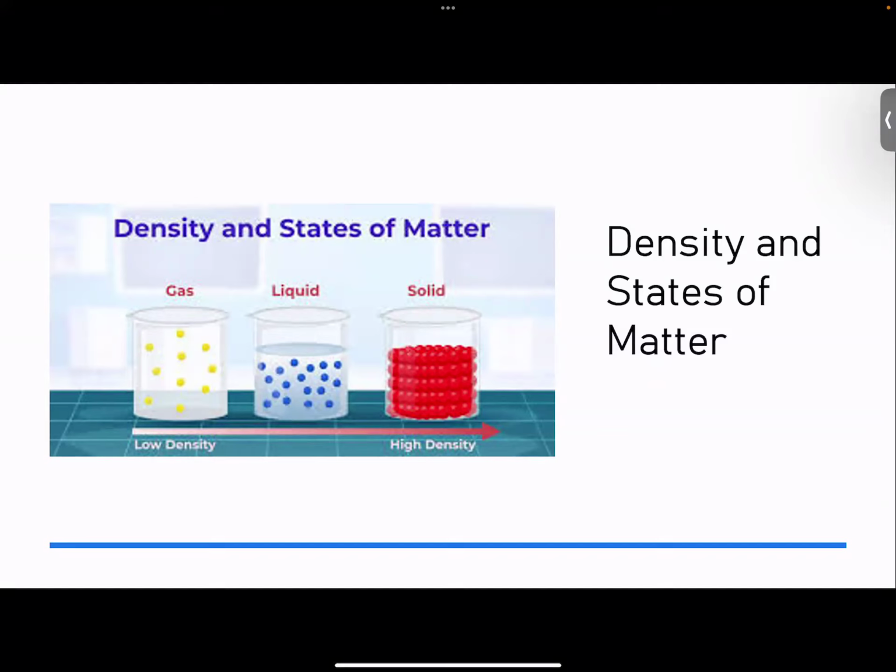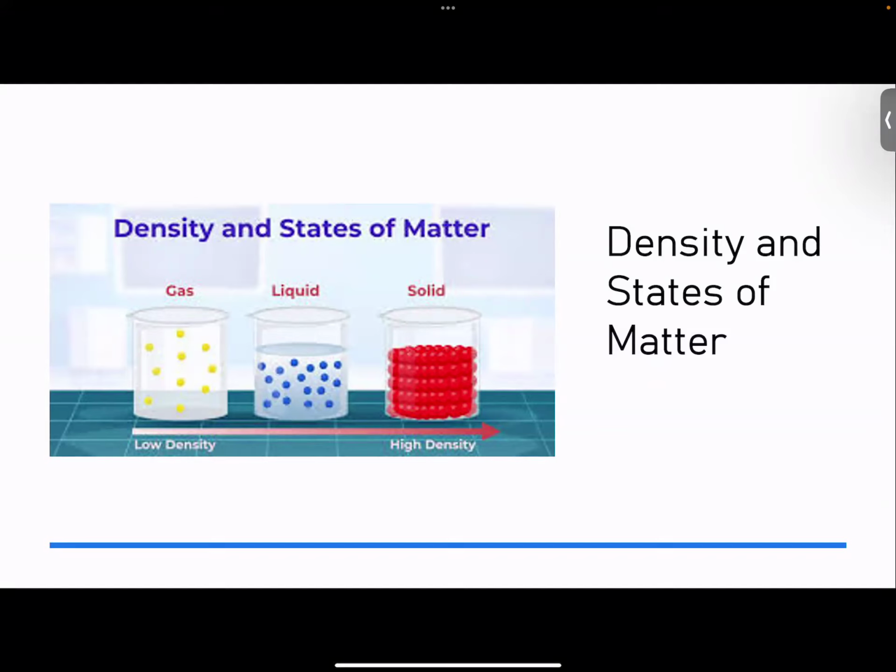Now, because there is more space between those molecules, a liquid tends to be less dense than does a solid. Again, water is an oddball. But most substances, the liquid is less dense than a solid, simply because there's more space in between the individual molecules.